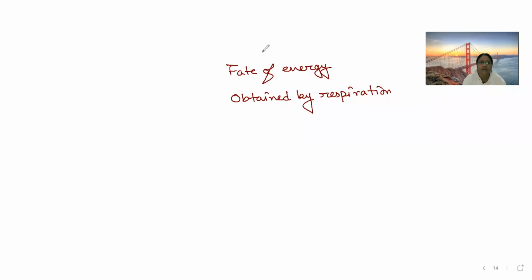Class, what is the purpose of producing energy via respiration? Ma'am, first of all, it will help in daily activities of our body and also helpful for generating more energy.